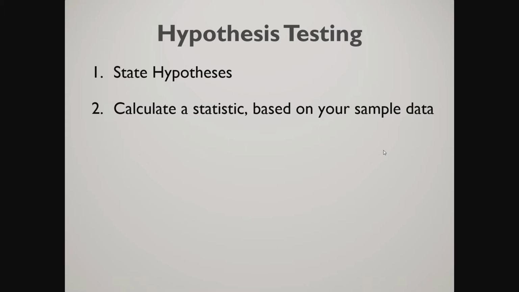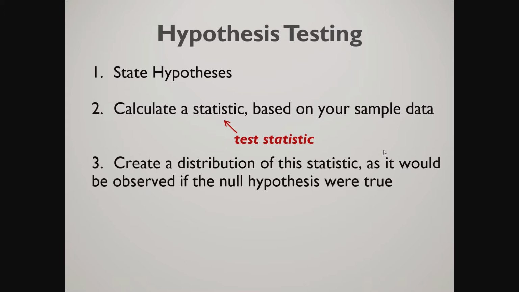So today's statistic is going to be the chi-square statistic, our test statistic, and that's what we're going to be calculating to test our hypothesis. We'll talk about how to calculate that in a bit. It's going to be based on our sample data. The next step is to create a distribution of this statistic as it would be observed if the null hypothesis were true.